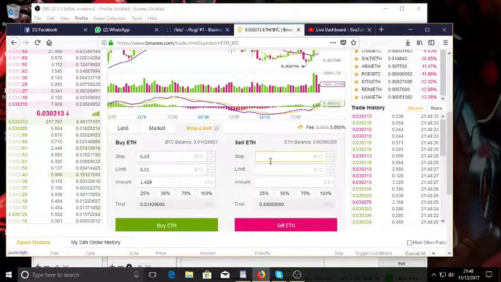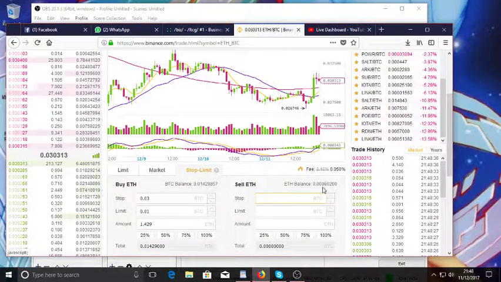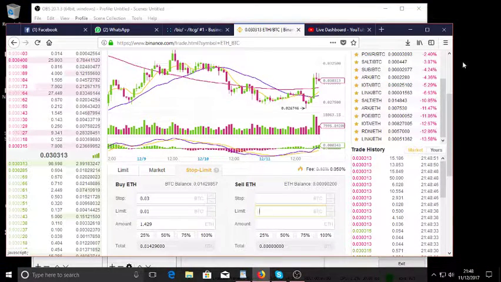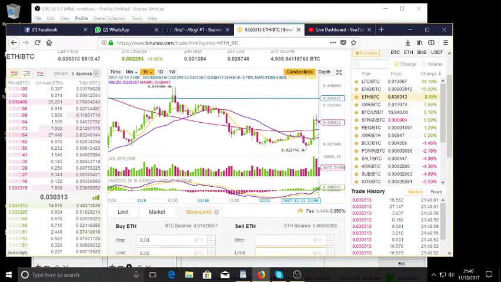At a certain market price, you put in a sell order and you sell your Ethereum at a certain price, and you can choose how much and it will sell. It will sell once the market swings in that direction. So stop limit orders are very, very important when it comes to preventing losses.